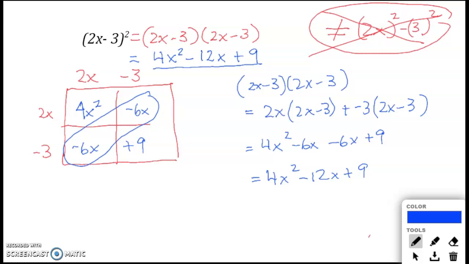When you use the distributive method, you are doing the same thing. You are multiplying the second binomial to the first binomial's first term, 2x here, and then minus 3 here, and then you distribute, and then you combine like terms, and you do get the same answer. And again, the distributive method is the method that you should be using and be very comfortable with.